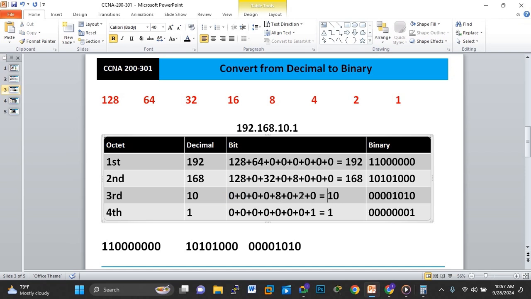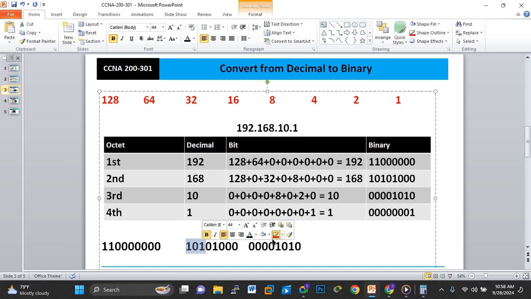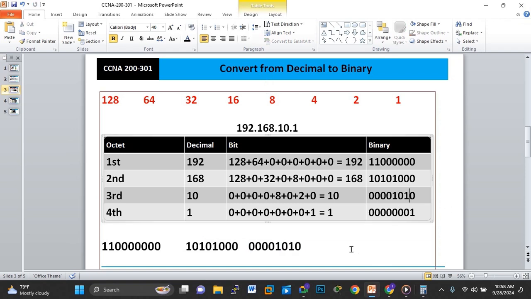If you add this 8 plus this 2, it gives us 10, which means this binomial here is correct.